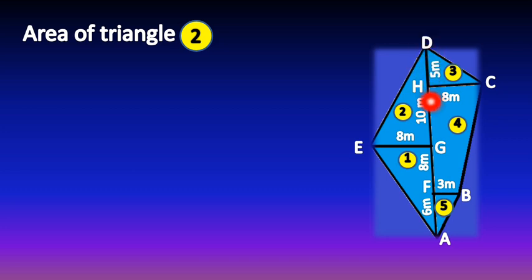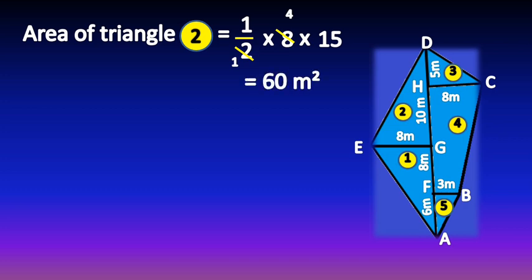So the total height is 10 plus 5 is 15 meters. So we have to take the height of this triangle as 15 meters and the base of the triangle is 8 meters. So it is equal to half into 8 into 15. Now let us simplify. 2 ones are 2, 2 fours are 4. 4 15s are 60 meters square.